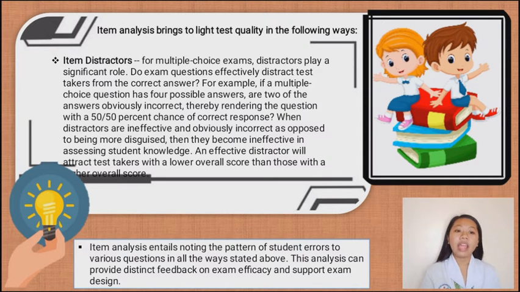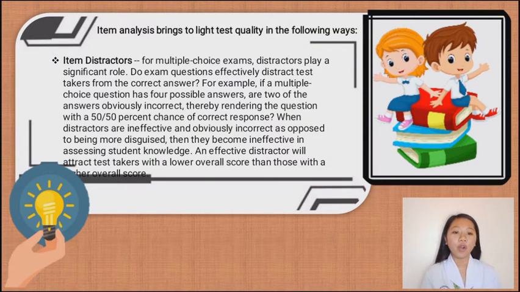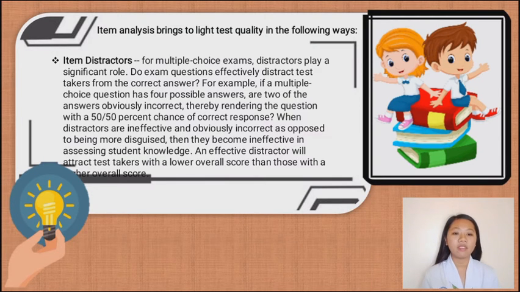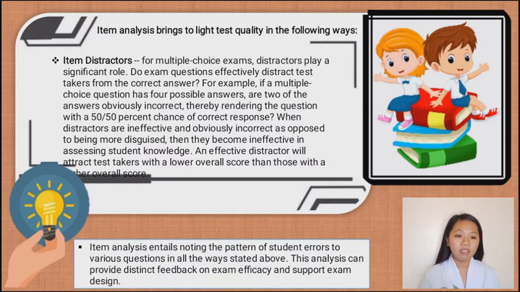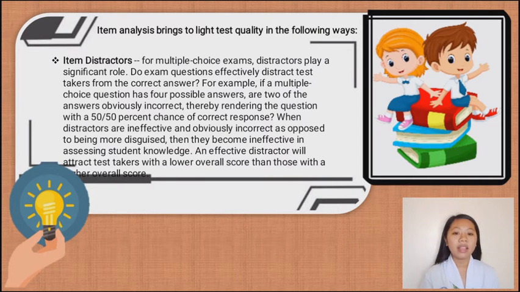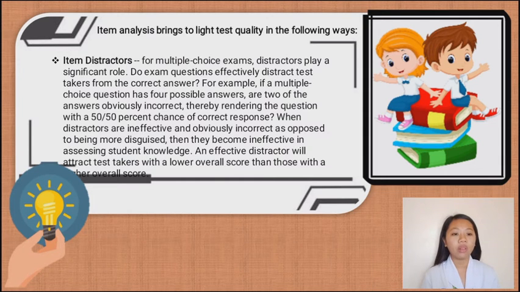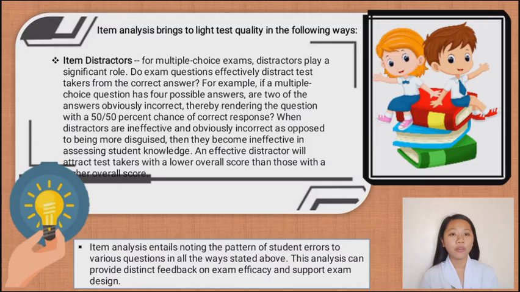For example, if a multiple choice question has 4 possible answers, are 2 of the answers obviously incorrect, thereby rendering the question with a 50-50% chance of correct response? When distractors are obviously incorrect as opposed to being more disguised, they become ineffective in assessing students' knowledge. An effective distractor will attract test takers with a lower overall score than those with a higher overall score.